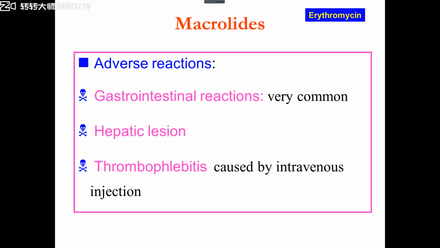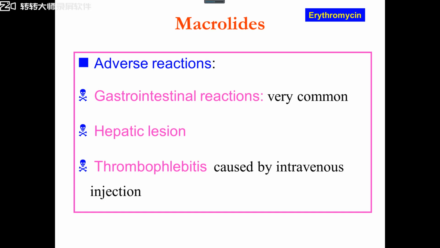The second point: if patients use erythromycin, tetracyclines, lincomycin, and rifampicin, they couldn't use them long-term, and they couldn't be co-administered with each other. Understand? Because these 4 kinds of drugs have obvious hepatic toxicity.